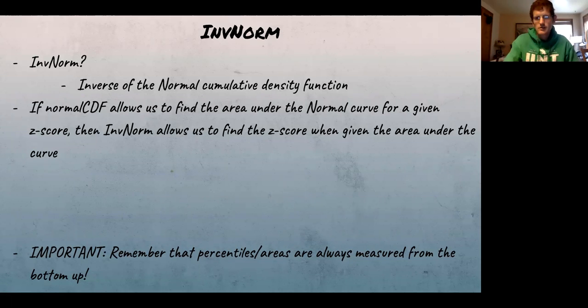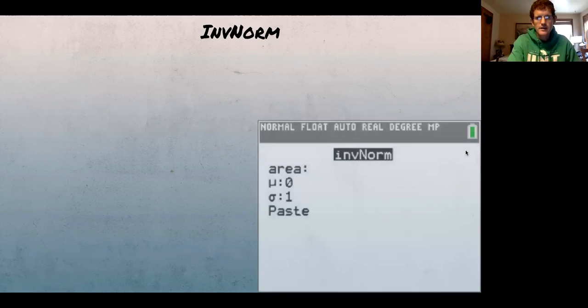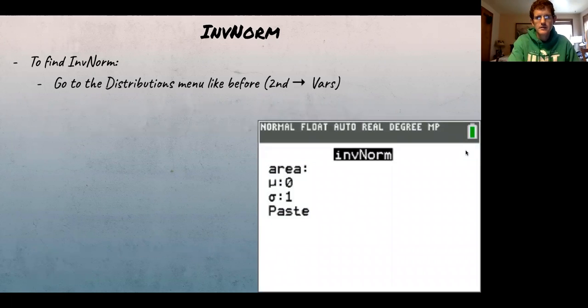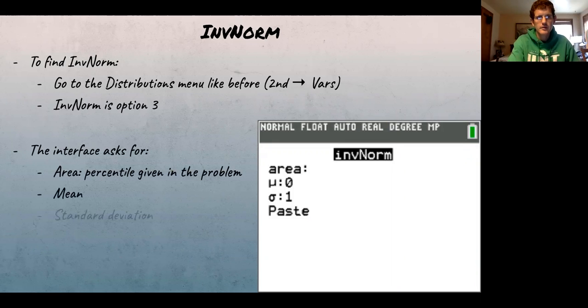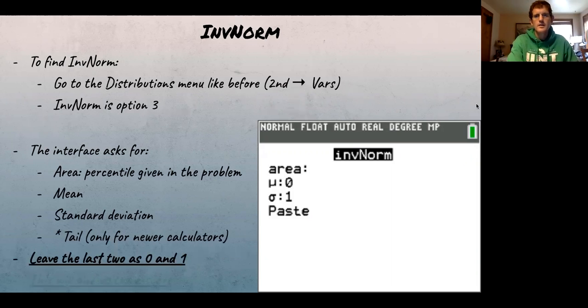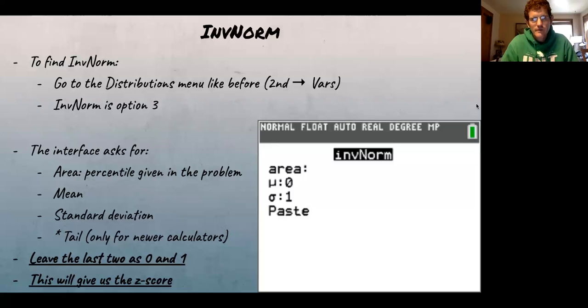And then you can figure out what z-score that would equate to. Now, this is where some of you have a different setup. I'm going to bring all this up real quick. Okay, some of you, when you bring this up, you go to the distributions menu, it's option 3. If you have a TI Inspire or certain other calculators, it might give you tail, left, right, center.